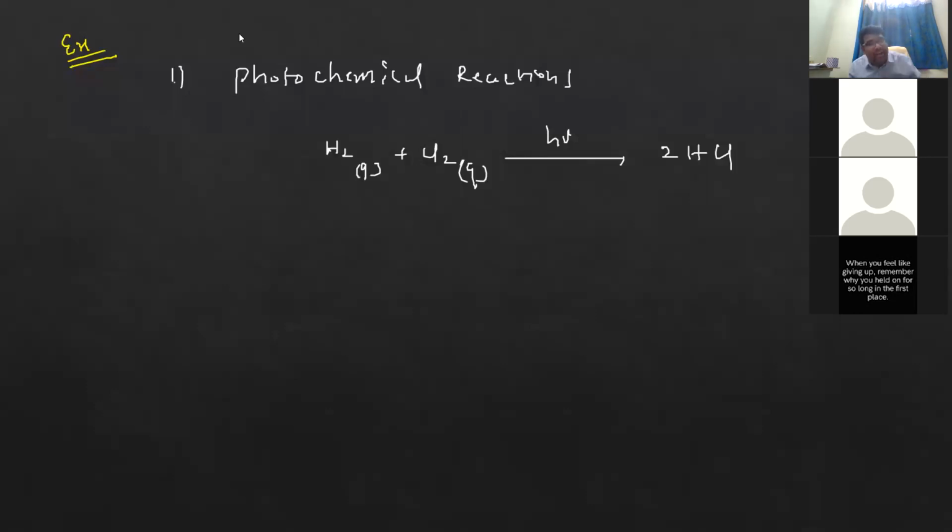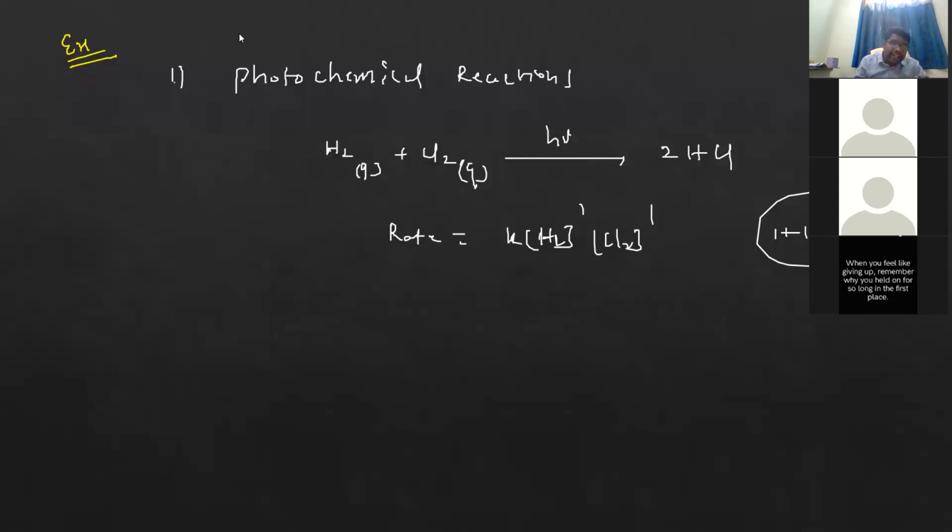According to the definition of order of reaction, concentration of hydrogen power 1, concentration of Cl2 power 1, so 1 plus 1 is equal to 2, a second order reaction. But it is not second order, it is zero order, because the rate does not depend upon the concentration. So keep in mind, photochemical reactions are always zero order.